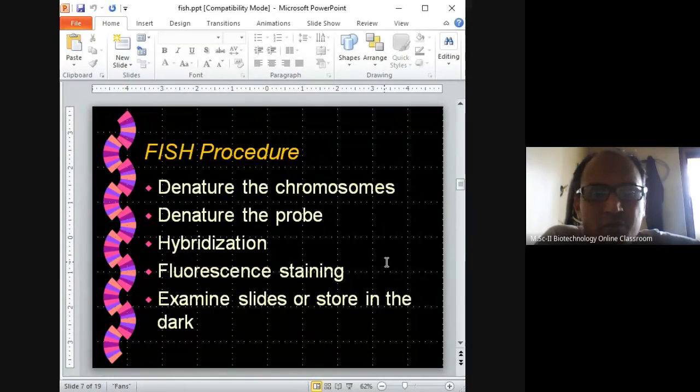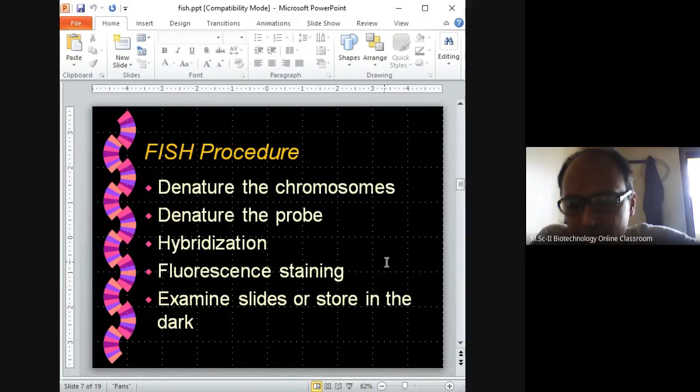Whatever probe we are using in the experiment will have an affinity for it, so it will go and bind to that probe and show the fluorescence. It will emit light, and thus we can examine the slides under the microscope.